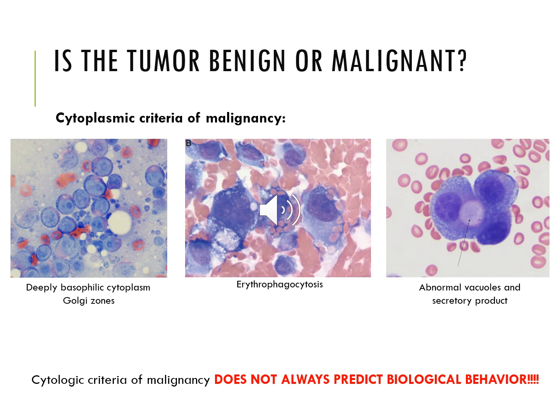There are red cells being phagocytosed by these histiocytes, and that's not good. Anytime we see erythrophagocytosis, that's a big criteria of malignancy, and typically neoplasms that erythrophagocytose red cells are very aggressive in their behavior. And so that's very bad when we see that.